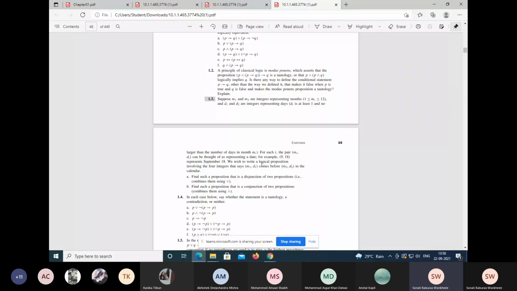It is given here in the question. So you have to find such a proposition that is a disjunction of two propositions. And in the same way, you have to find such a proposition that is a conjunction of two propositions. So just these two questions are important.